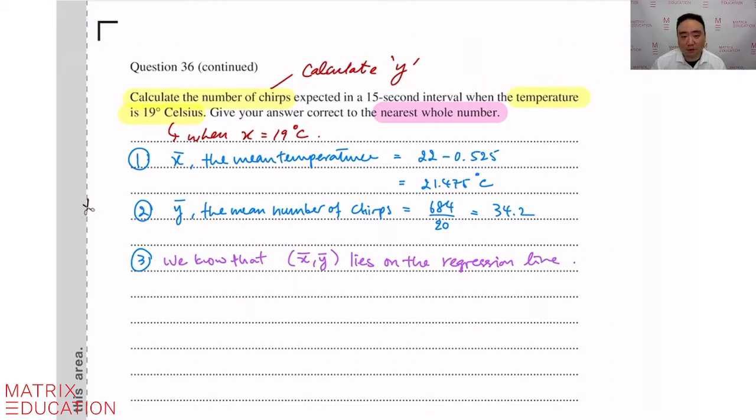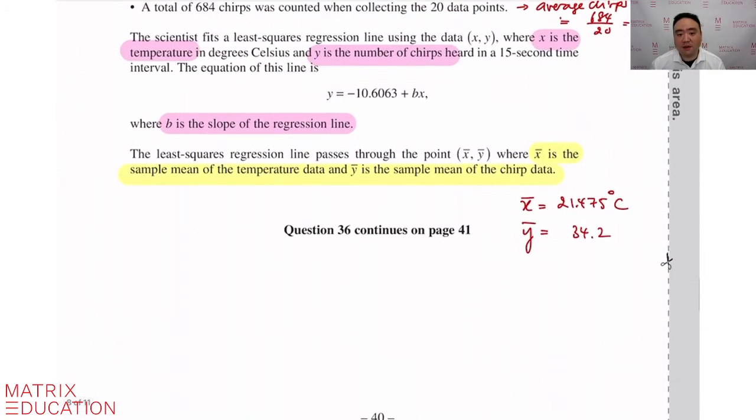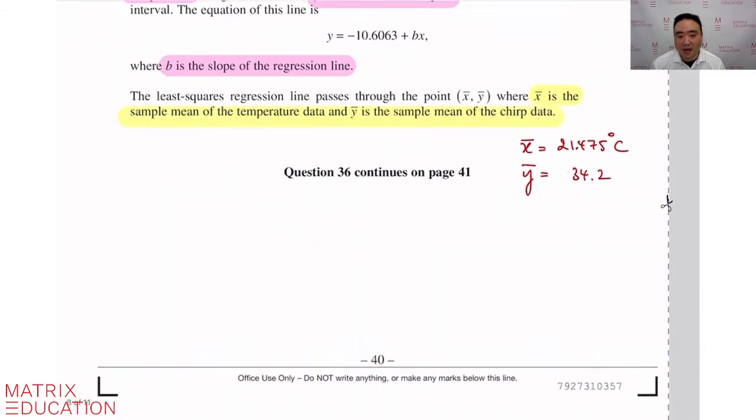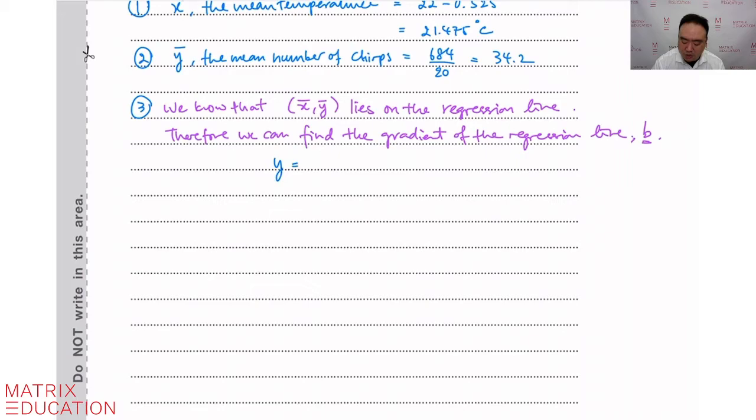Therefore, we can find the gradient of the regression line, and that is b, the unknown. Now let's fit that into the equation. We have y equals negative 10.6063 plus bx, and y bar and x bar should fit there as well.